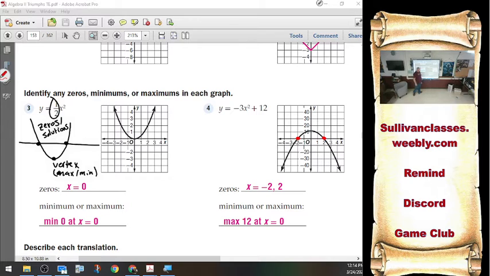Remember that these things are symmetric. We mirror them. What's halfway in between negative 2 and 2? 0. So if I know that the vertex is going to happen when x is 0, I could just plug a 0 in there. And I get my vertex is at 0, 12. Okay? So that's how you can double check it.